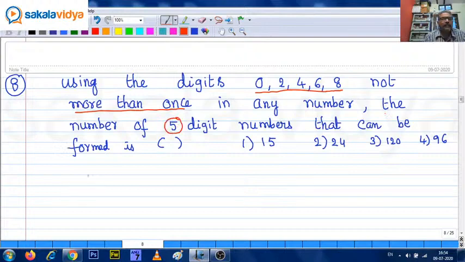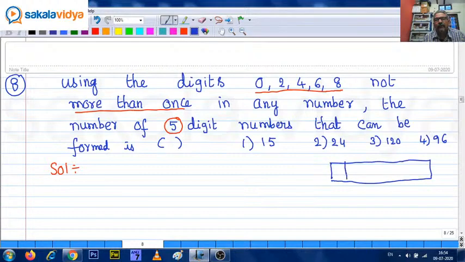So first let us write 5-digit numbers. 5-digit numbers means we have 5 places. So this can be filled 5 ways, 4 ways, 3, 2, 1. This is actually 5 factorial.